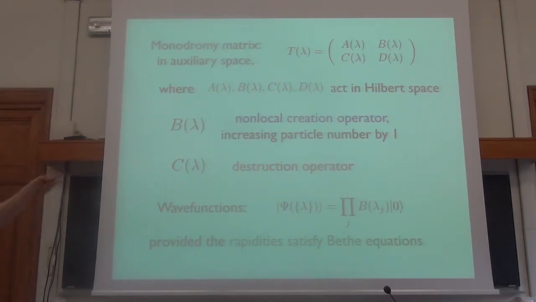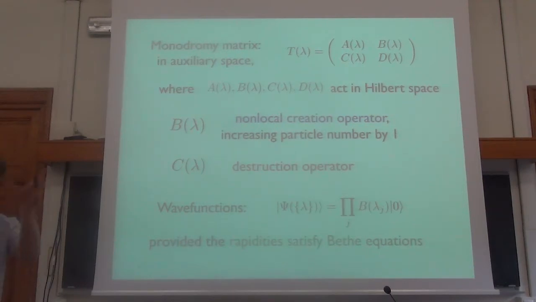These operators obey an algebra that comes from the relationship, R12 T1 T2 is equal to T2 T1 R12. Okay, so that's why they're intertwined. So, RTT is TTR, it's a quadratic algebra. Okay, so the commutators of these operators here with each other, it's not like a Lie algebra, it's a quadratic algebra.